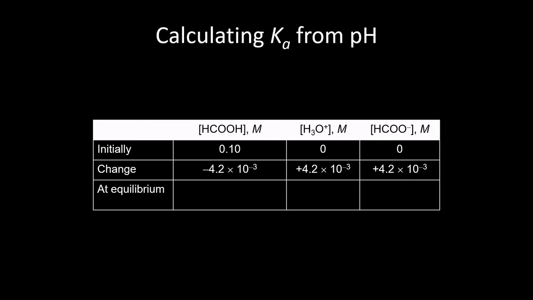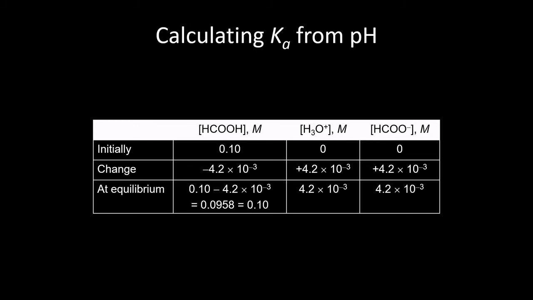We now know how each of those is going to change, because we know the amounts at equilibrium. We probably should have put those two in first before the changes, because we know they must have changed by this amount, which means the formic acid changed by the same amount but negative. However much of that stuff was made, the same amount of formic acid was consumed. If you apply this change to 0.1, it's pretty much still 0.1, a little bit less.